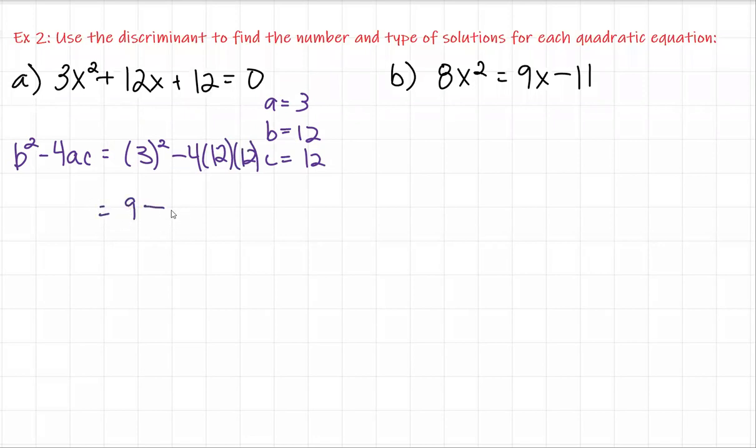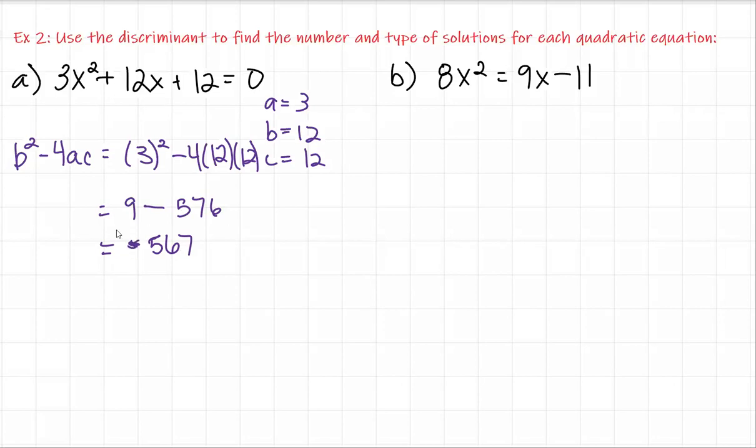Wait, my B is 12, so that's 12 squared, which is 144, not 3 squared. Let me compute it: 4 times 12 times 12 is 4 times 144, and let's ask our calculator what that is. That's 576. So the discriminant is negative.